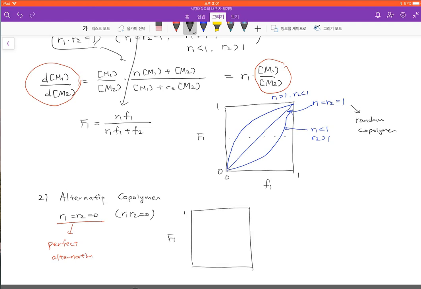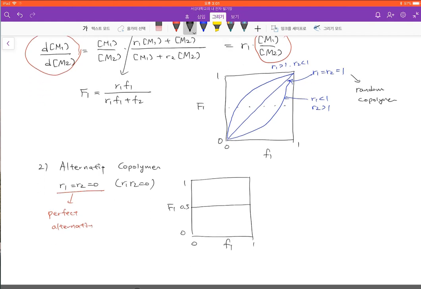If not, it's alternating, but it's not really perfect. So you have this kind of graph of F1 versus small f1. When R1 and R2 are both 0, we have this graph. This is at 0.5. There's another case.